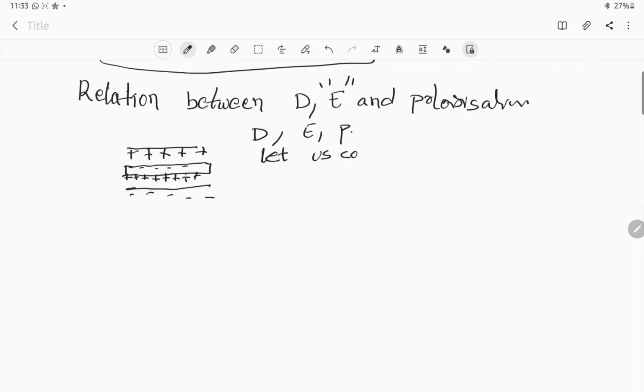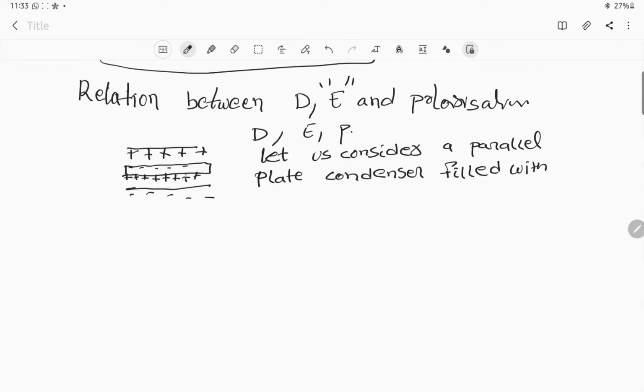You need to consider this in order to evaluate the relationship. Let us consider a parallel plate capacitor, a parallel plate condenser, which is filled with a dielectric material having a constant K. Clear?